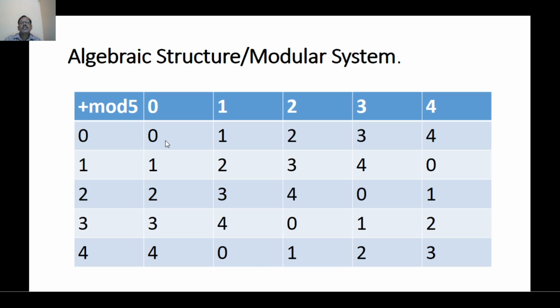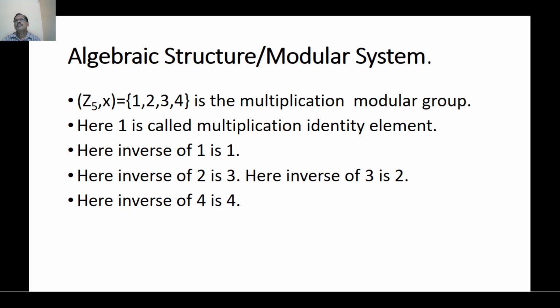If you take the multiplication table here, Z5 under multiplication contains 1, 2, 3, 4 only. You have to take the non-zero elements here. Z5, the non-zero elements 1, 2, 3, 4, is a group under multiplication modulo 5.